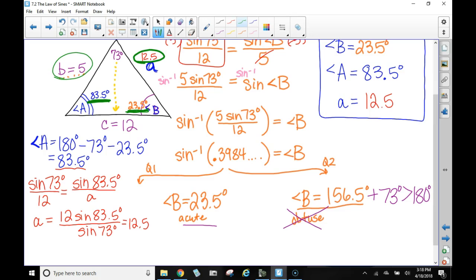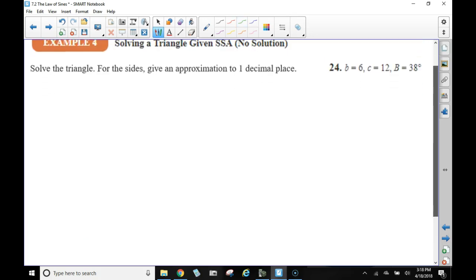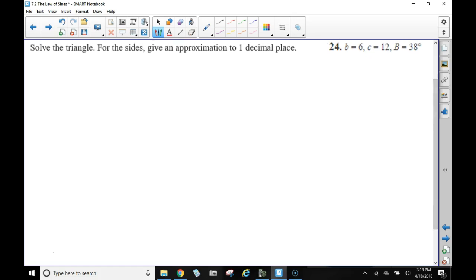Okay? Now let's go on to example 4 in this video. Pretend like we don't know what the title is. We're just supposed to solve the triangle. Let's set it up. I'm going to draw a little reference triangle. We are given side B and its pair is angle B. So if B is 6, then down here is angle B and it is 38 degrees.